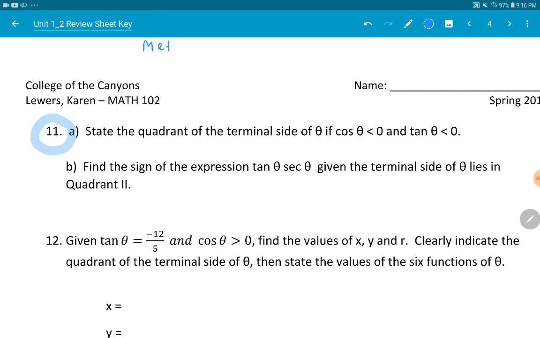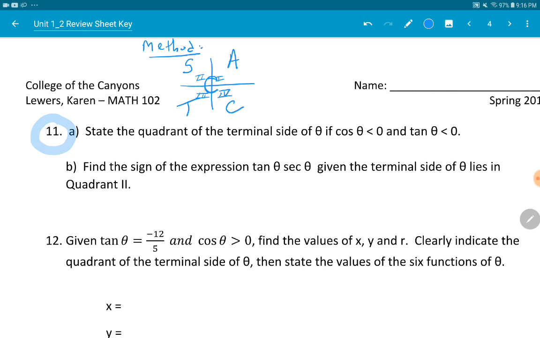Method 1, we use that memory trick and we think about the order of the quadrants, that starts at quadrant 1, 2, 3, 4, and we write "All Students Take Calculus."